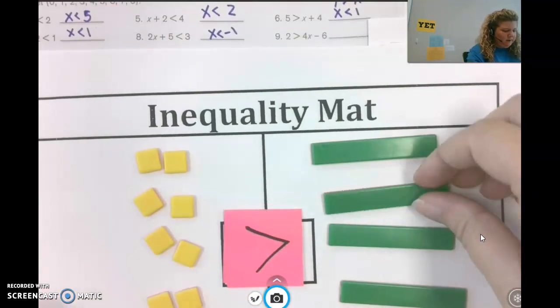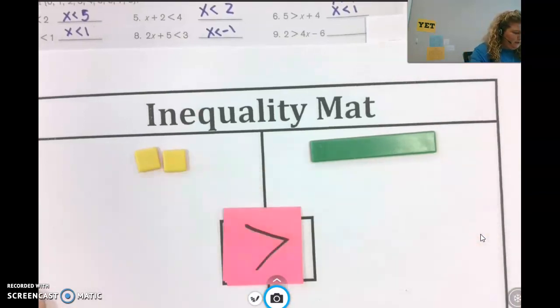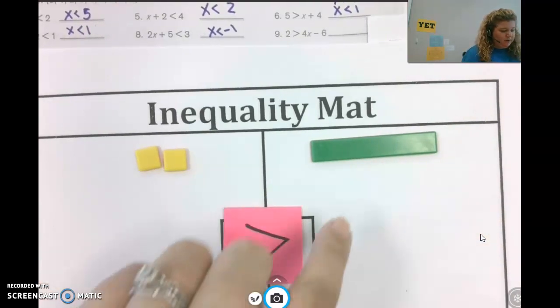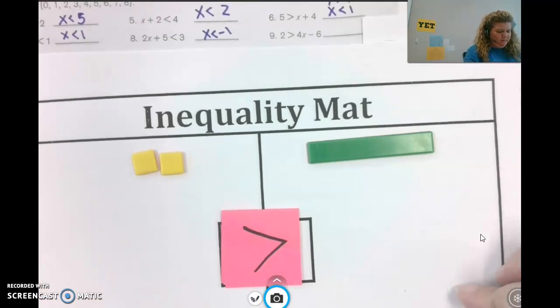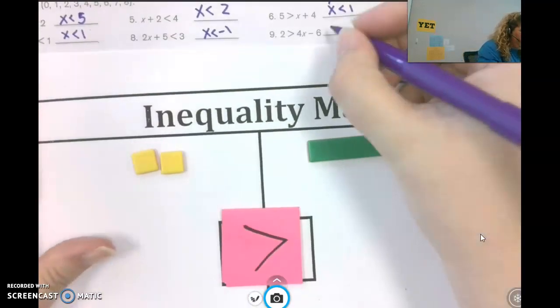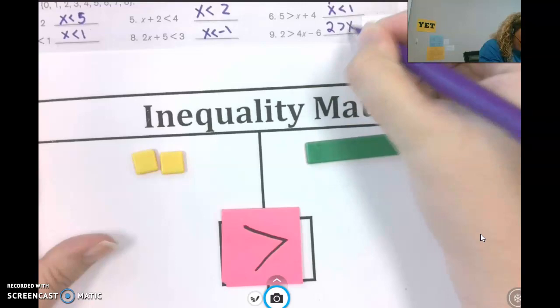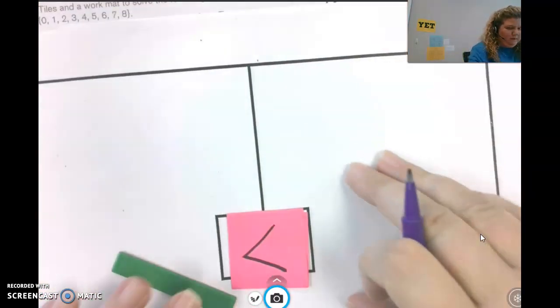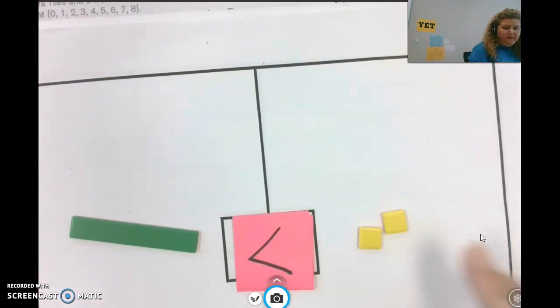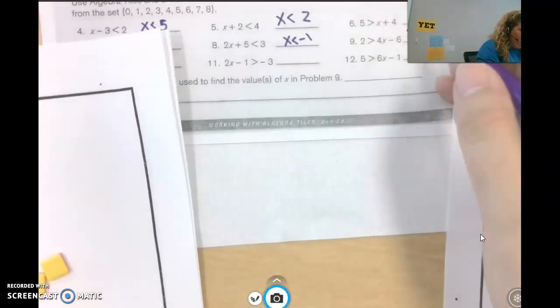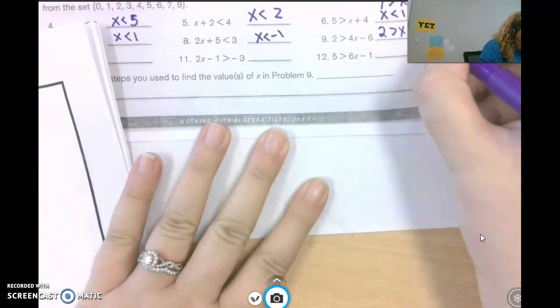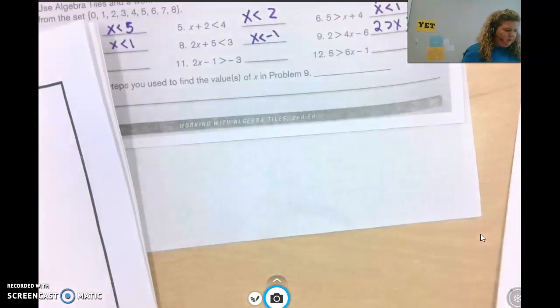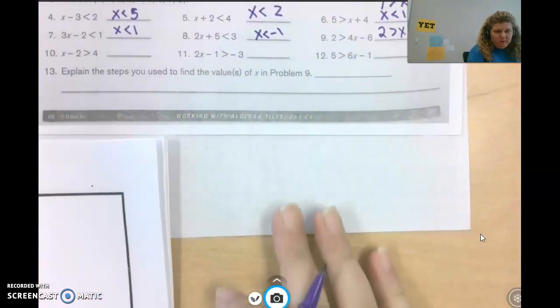So then to simplify it, I could say, okay, 2 is greater than x. Or, this is probably the preferred way, x is less than 2. x less than 2.